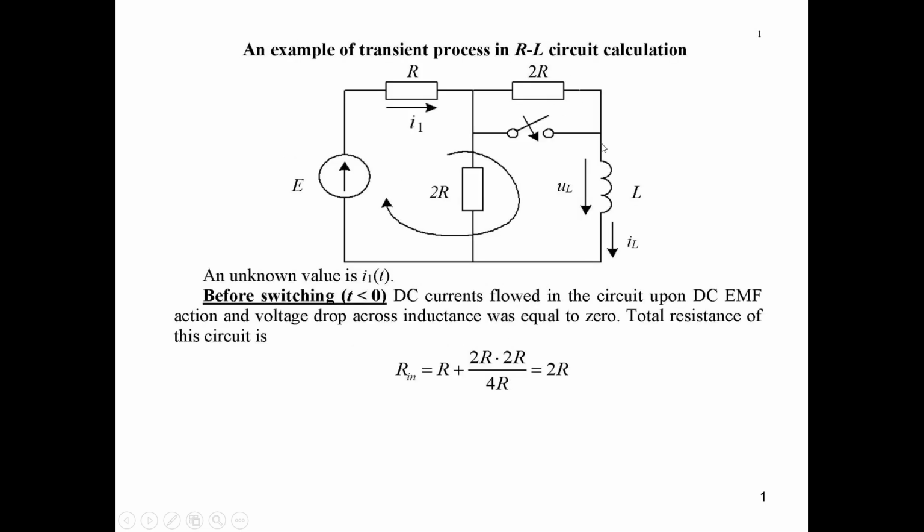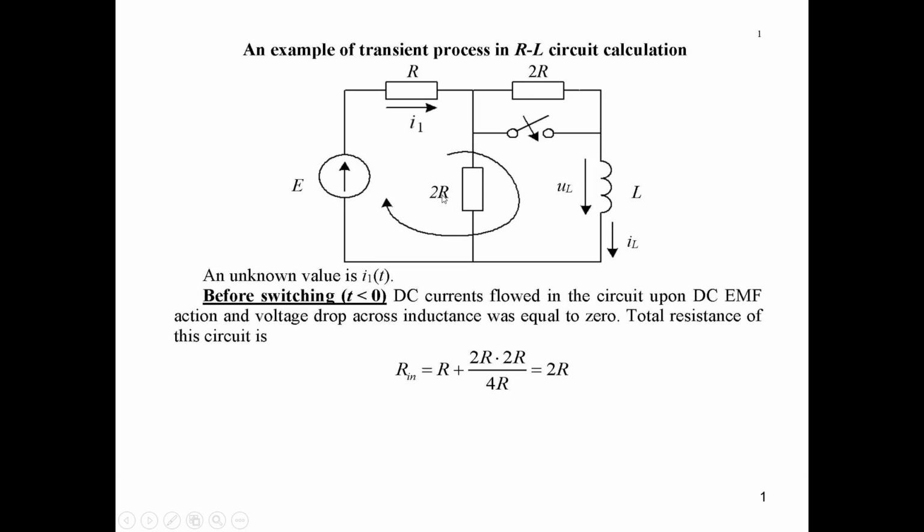Or, as these resistances are equal, we may consider it with the help of the current divider rule. So this IL will be equal to the current I1 which flows into these two parallel connected branches, multiplied by the resistance of the opposite branch, 2R, over the sum of the resistances of these two parallel connected branches, 2R plus 2R.